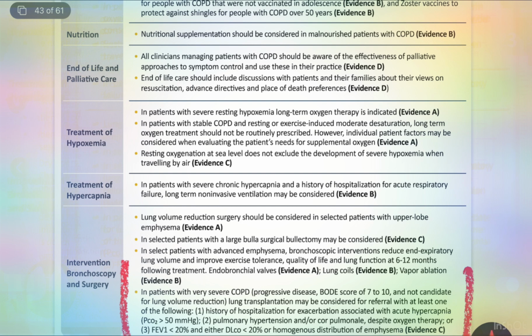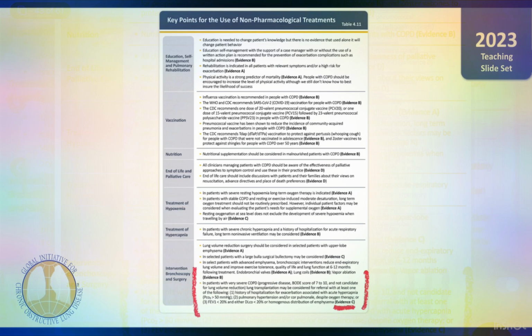Third thing is FEV1 less than 20%, very severe, and either DLCO less than 20% or homogeneous distribution of emphysema is there, then we should consider for lung transplantation. But it is supported by only evidence C.